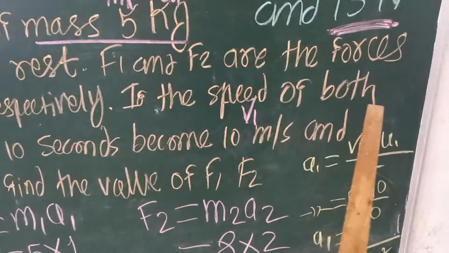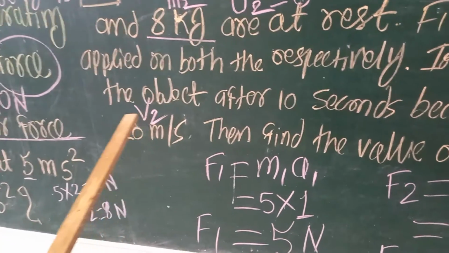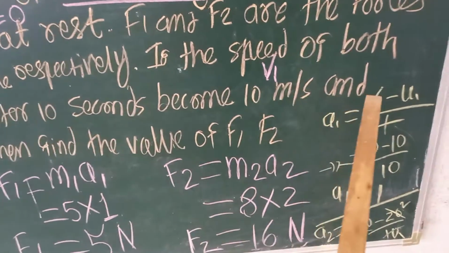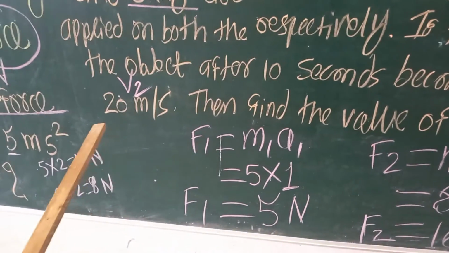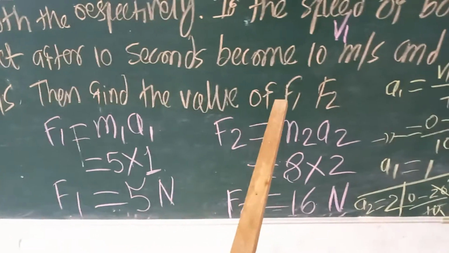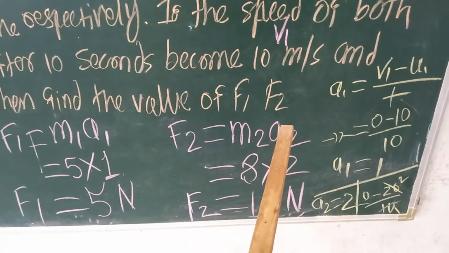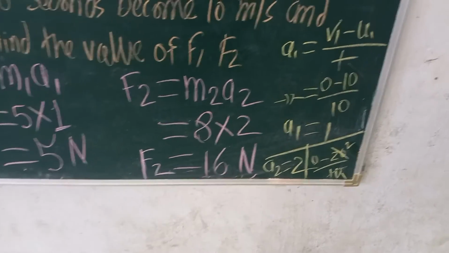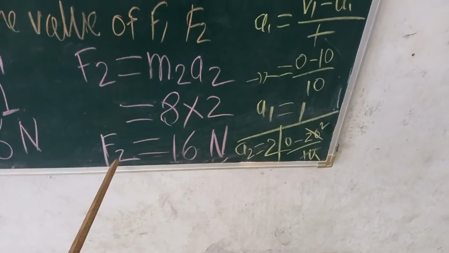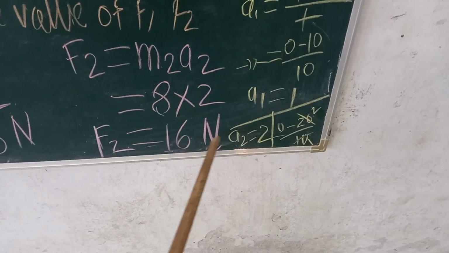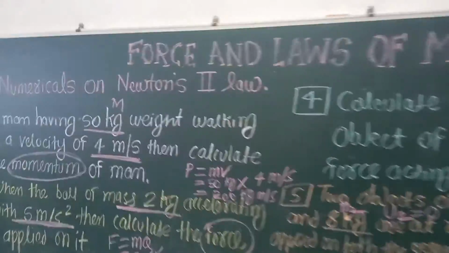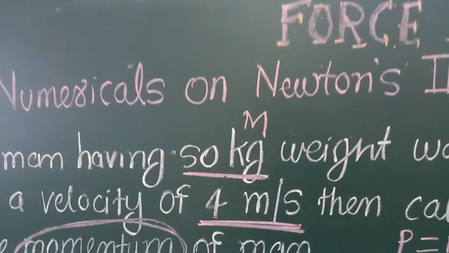If the speed of both the objects after 10 seconds becomes 10 meter per second and 20 meter per second, then find the values of F1 and F2. So all of you got the values: F1 is 5 N and F2 is 16 N. In this way we have seen the numericals on Newton's second law of motion.